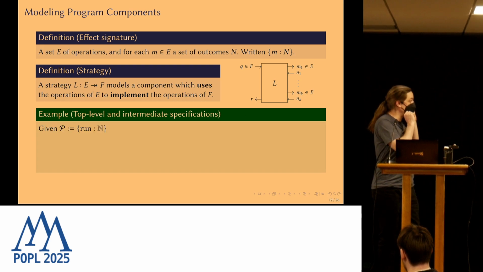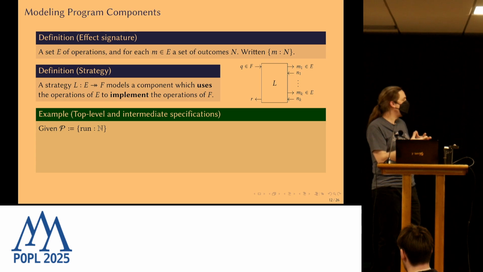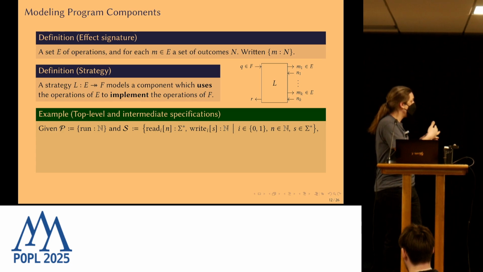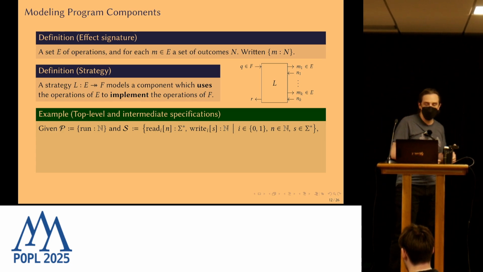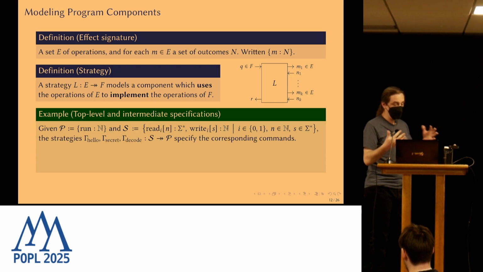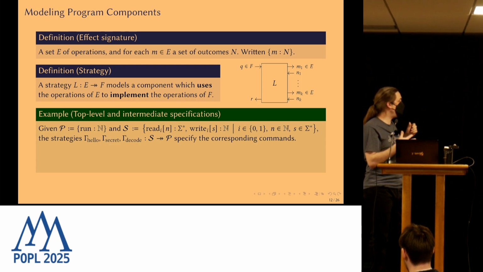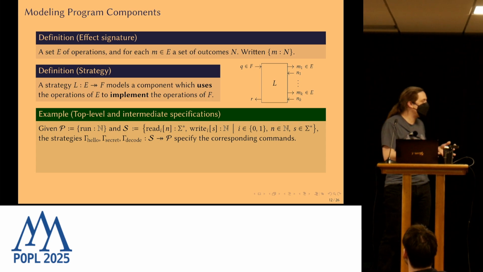And to give you an example, the interface of commands is very simple. They have one operation, which is run the command, and the outcome will be an exit status for the process, right? While the command executes, it can use read and write system calls, which means that in the end, we can use strategies of this type to specify what a command does or what a Unix-like process does.